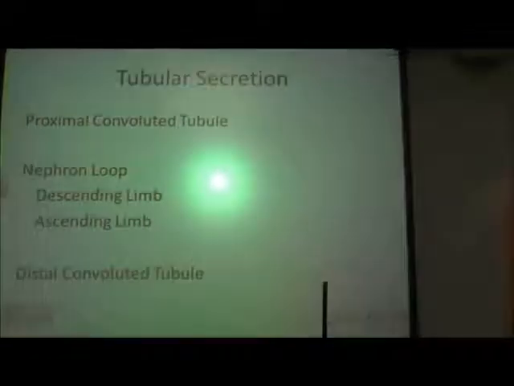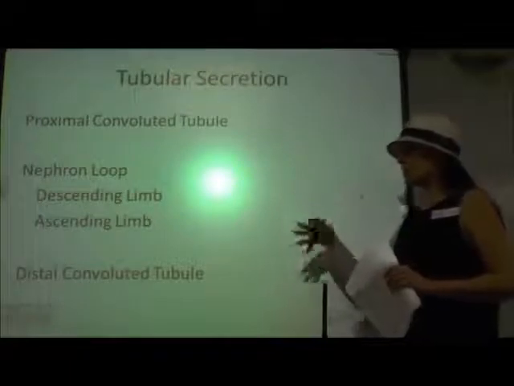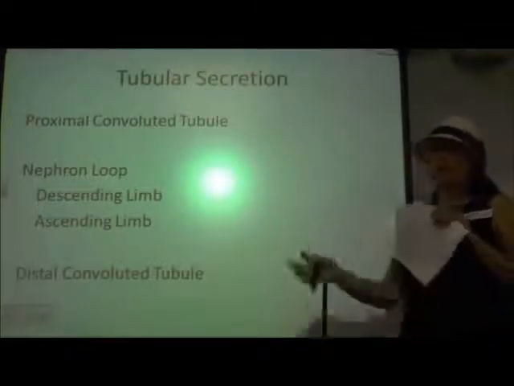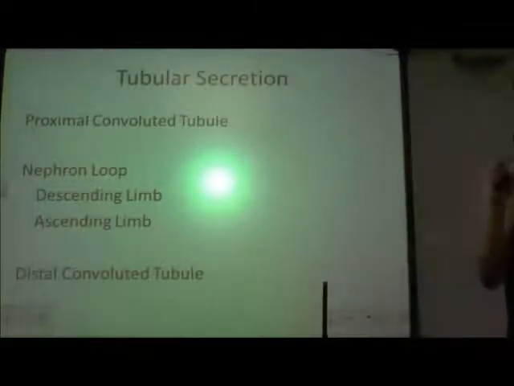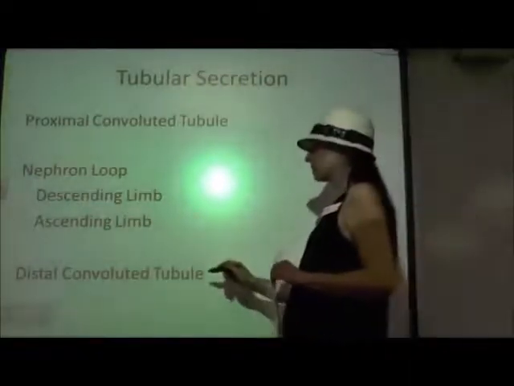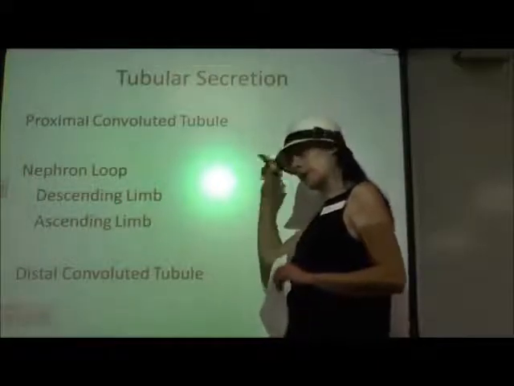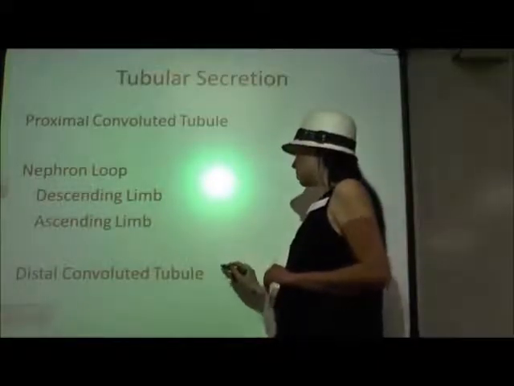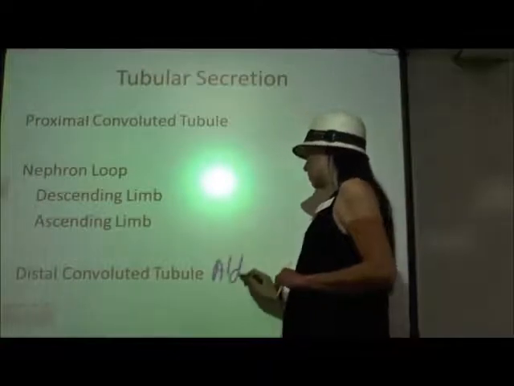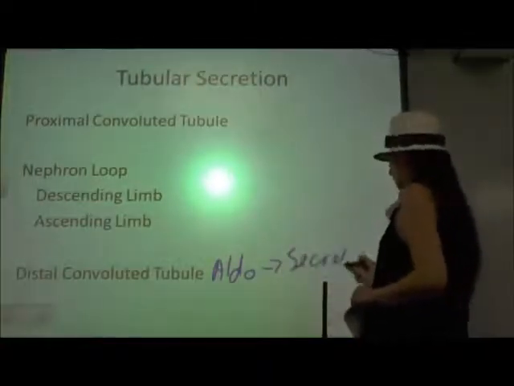In the distal convoluted tubule, one thing that I didn't mention is that when we're reabsorbing sodium, potassium's moving the opposite way. Those two ions always move the opposite way. So if we've got aldosterone present in the system stimulating sodium uptake, then we'll be secreting potassium. So with aldosterone present, we would secrete potassium.